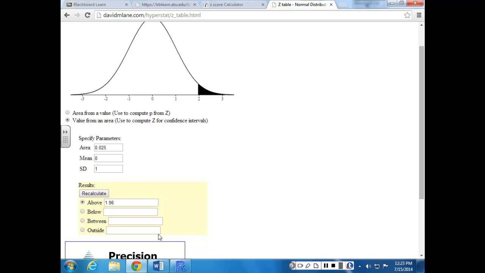So up above here we have the mean, which was 5, the standard deviation, which was 0.25, and we want the first percentile, we want 1%, which is 0.01, and below, if we're looking at the first percentile. So that tells you that you should be getting a number pretty close to 4.418.